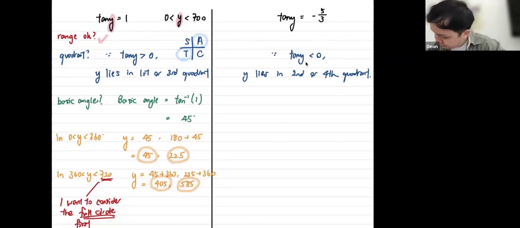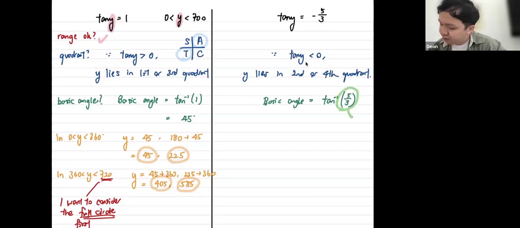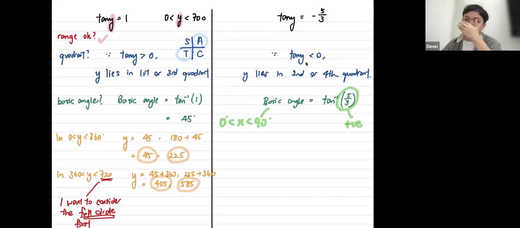My basic angle will be tangent inverse 5 over 3. Now, I want you to take note of this. It's not negative 5 over 3, it's positive 5 over 3. Why? Because basic angle is supposed to lie in the first quadrant, so the ratio should be positive. It shouldn't be negative.